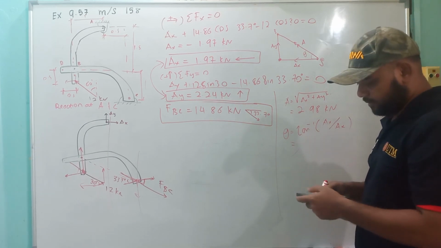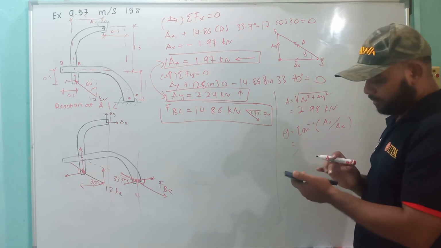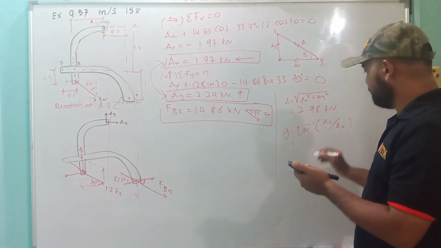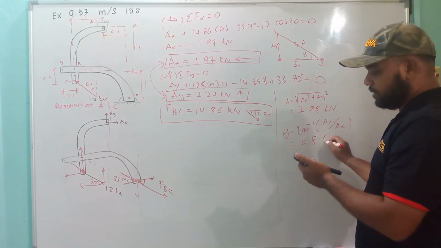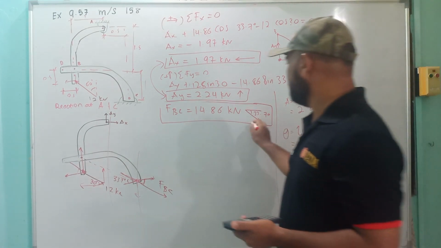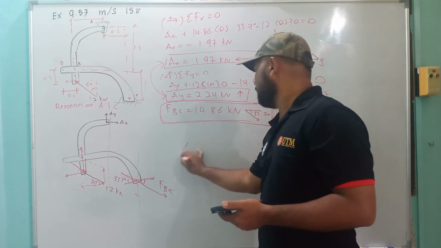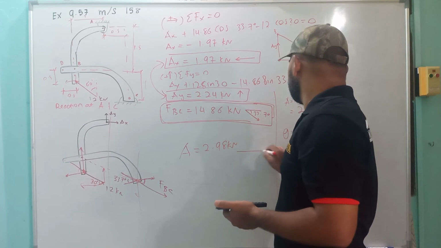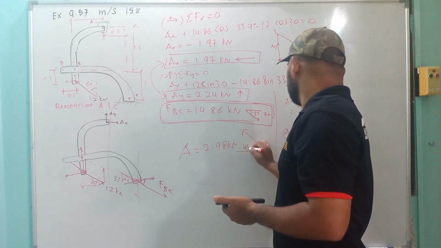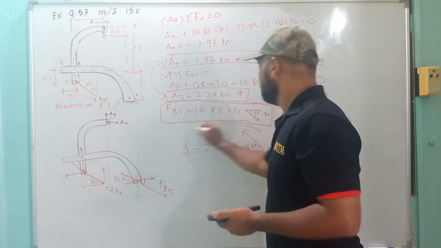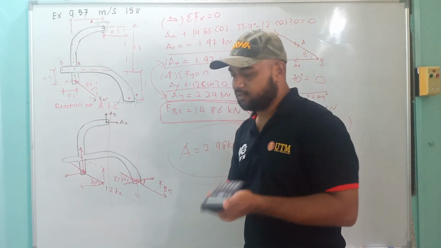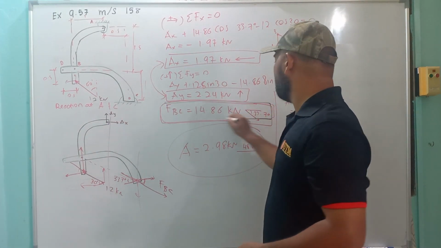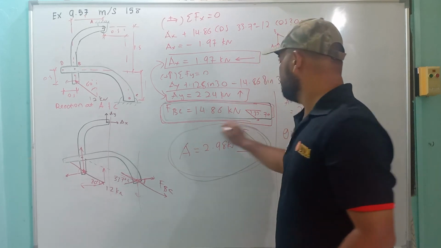So you have tangent minus 1, 2.24 divided by 1.97. So you have here 48.67 degree. So your final answer is this one for FBC, and A is equal to 2.98 kilonewton, 48.67 degree. Okay, so this is your final answer, one for FBC, the other one is for A.